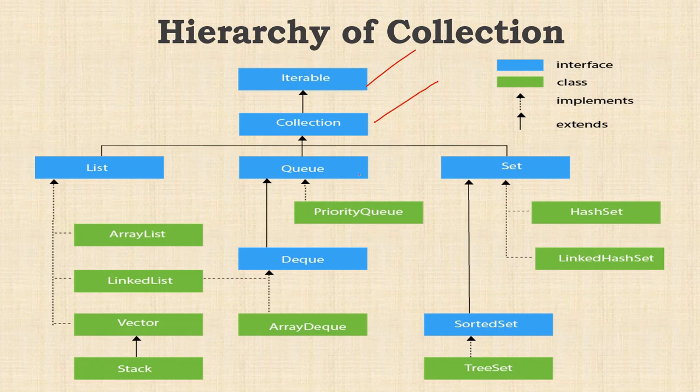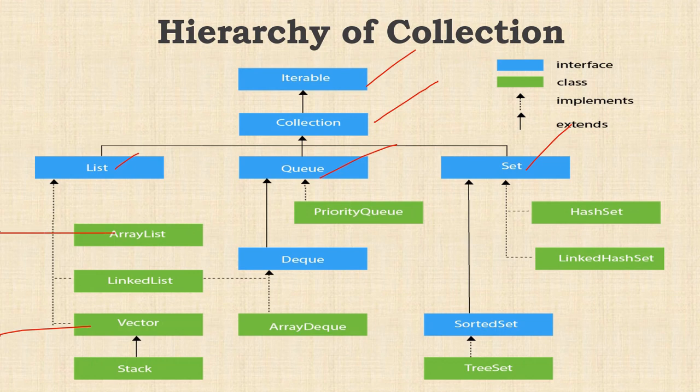List is an interface, Queue is also an interface, and Set is also an interface. Set extends Collection. Because both are interfaces, interface extends, and a class implements.